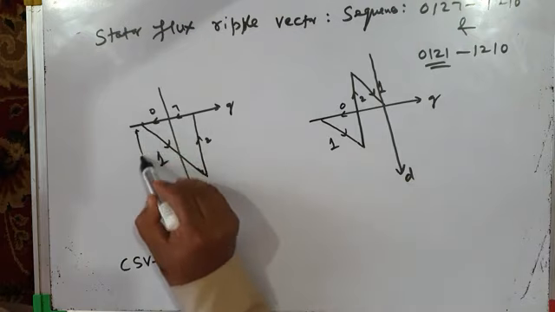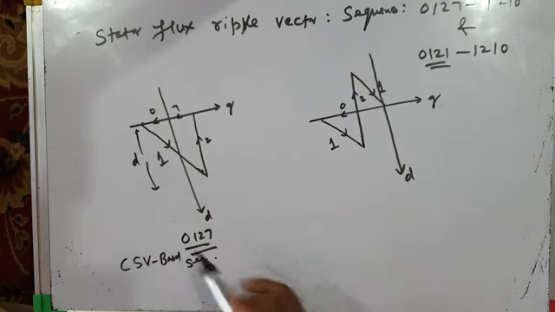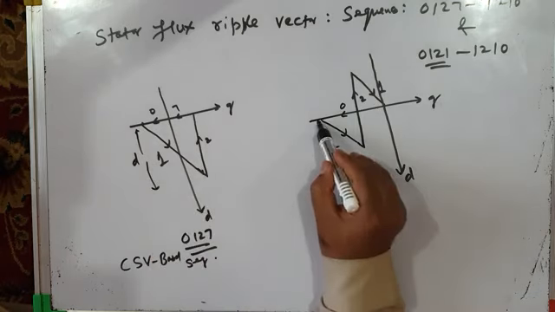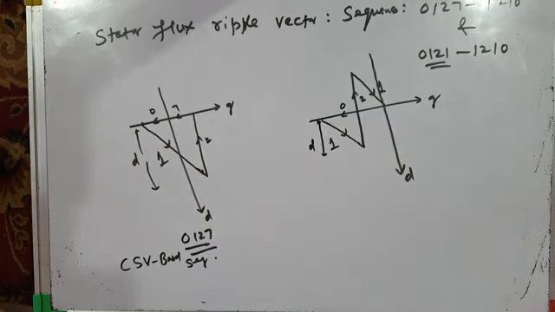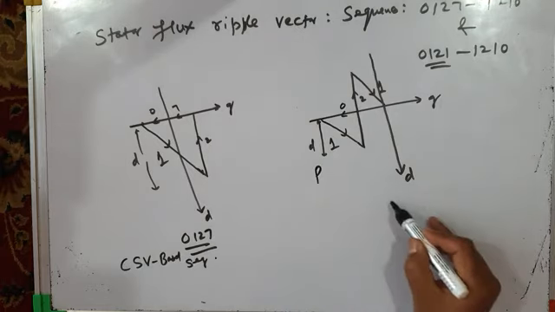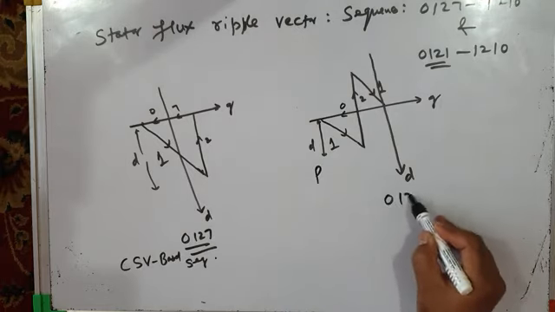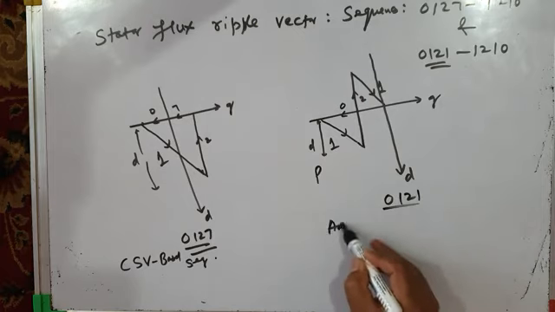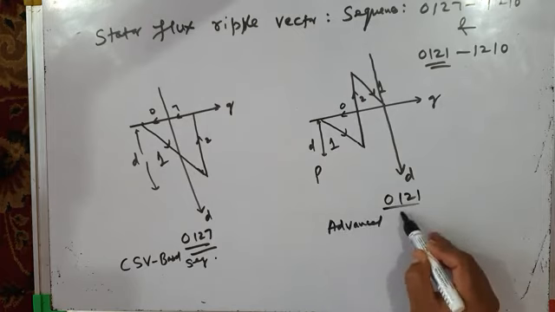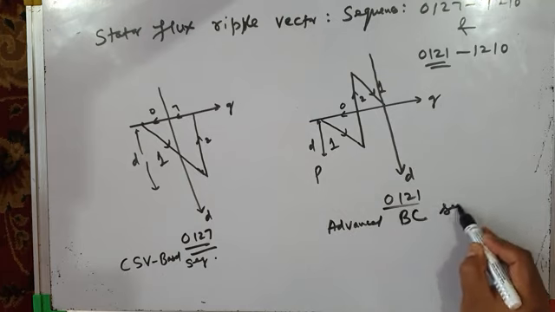So if you see the peak D axis ripple, it is more there than here. That means the peak D axis ripple is lower here. This is for the advanced bus clamping sequence 0121.